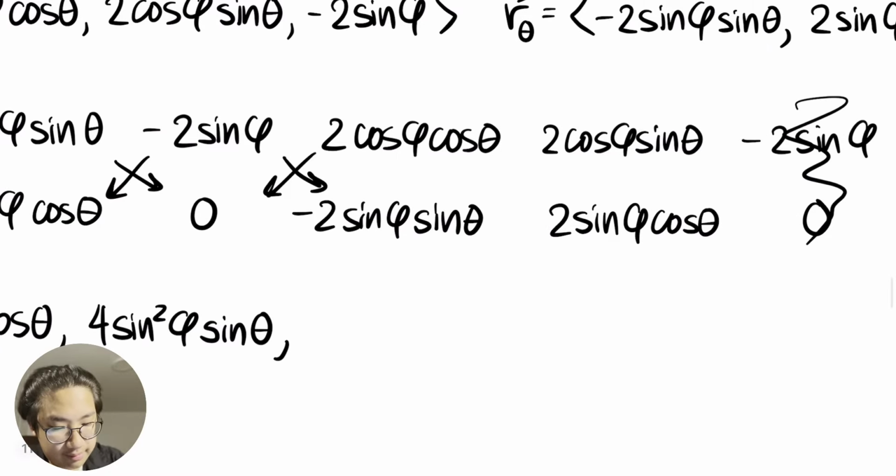And then lastly, this one is a little chunkier, but you'll notice that it actually is pretty convenient to work with. So we have 2 cos phi cos theta times 2 sine phi cos theta.